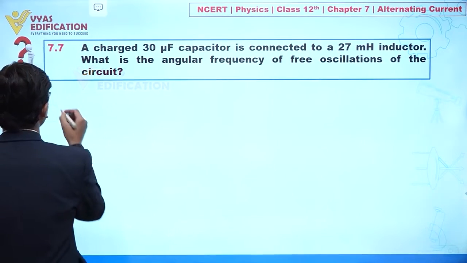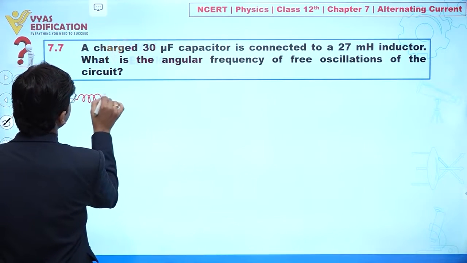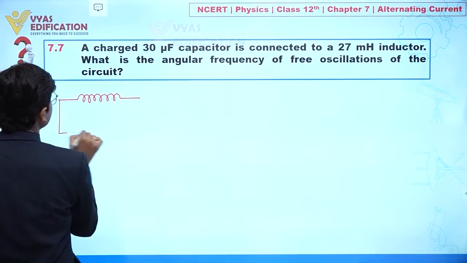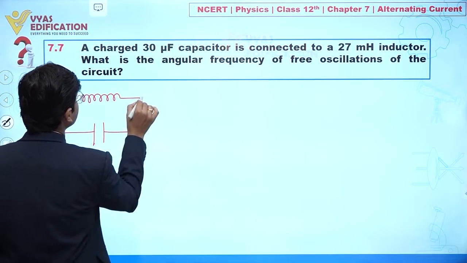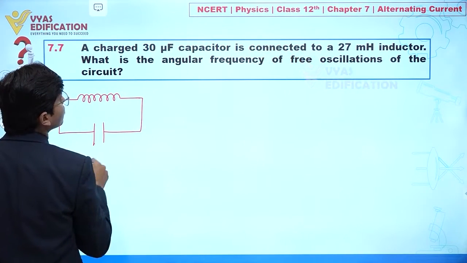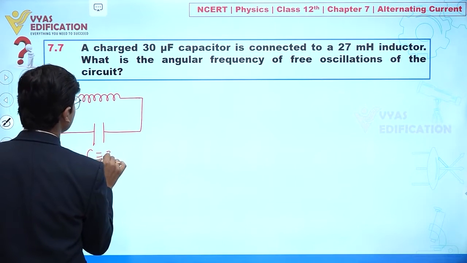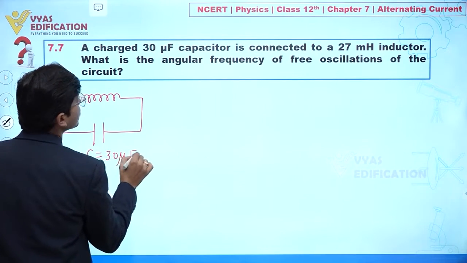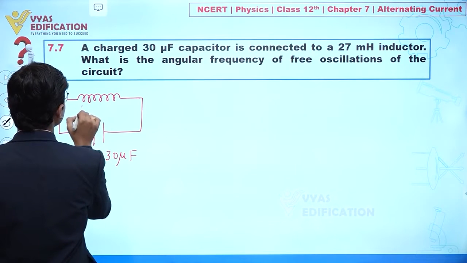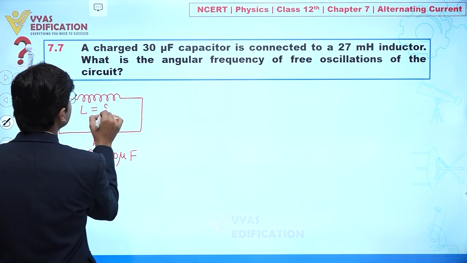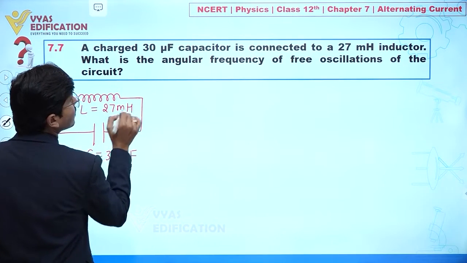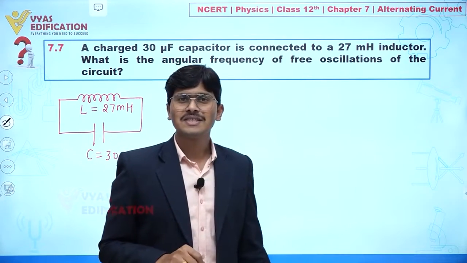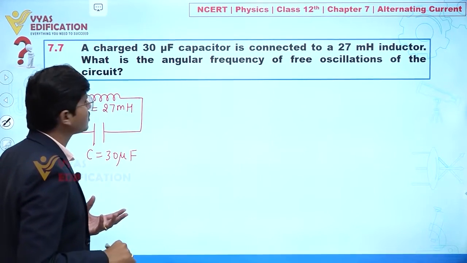Now in this question, let's suppose this is an inductor and it is connected with a capacitor like this. Clear? The value of C is given to you as 30 microfarad, and the inductance value is given as 27 millihenry. Fine. What is the angular frequency of free oscillation of the circuit?